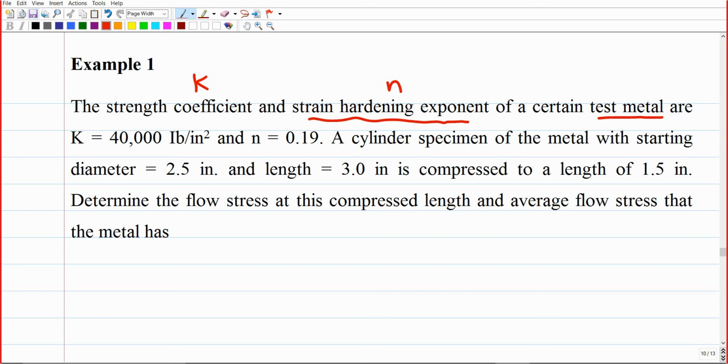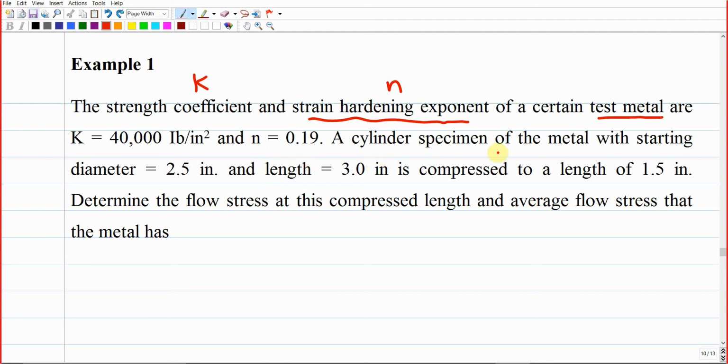As we increase the temperature, both are decreasing. But assume that at a certain temperature level for this material, K is 40,000 pounds over inch square, which is PSI. This is in the inch system. And the strain hardening exponent is 0.19 and it is dimensionless.